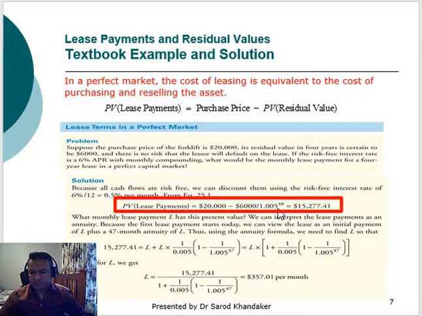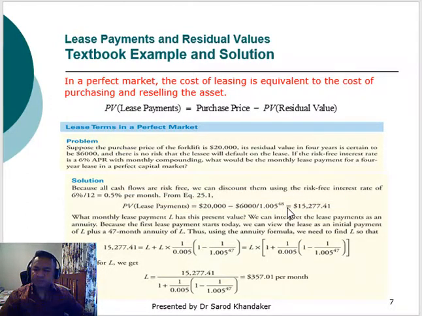As we know, the lease is for 4 years, so 4 multiplied by 12 is 48. So if we do the calculation, you will find the present value of the lease payments is $15,277.41.